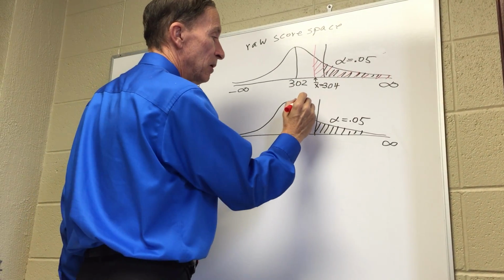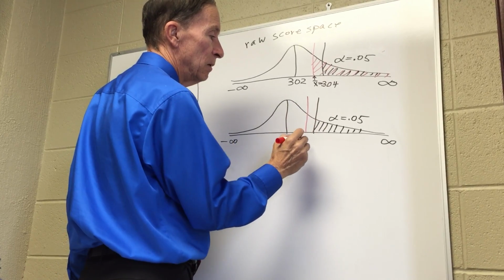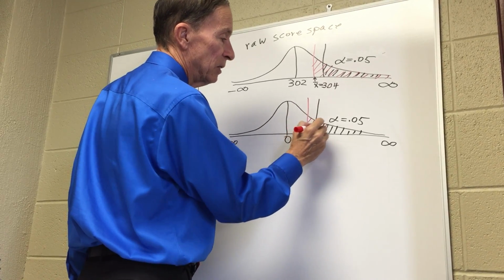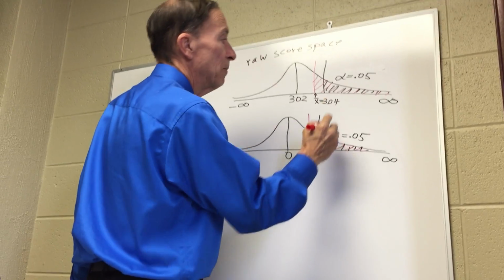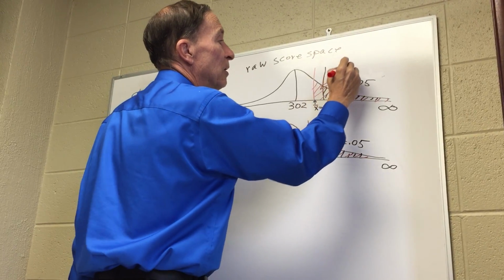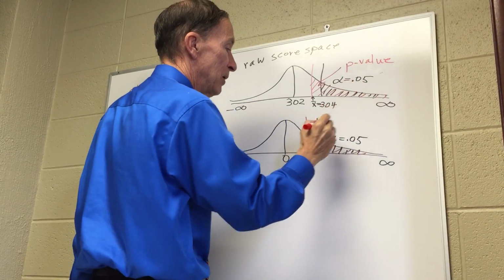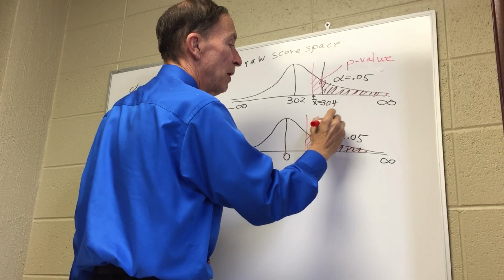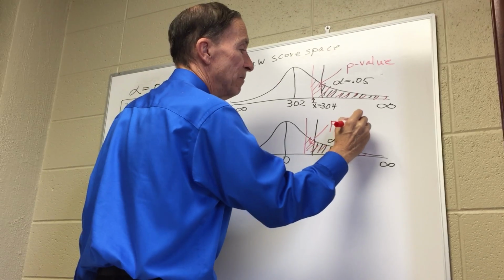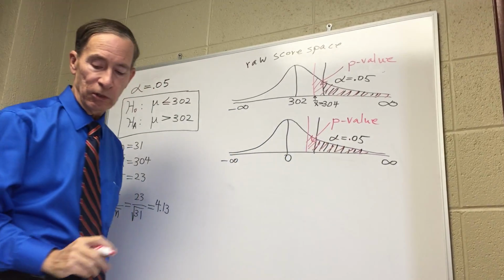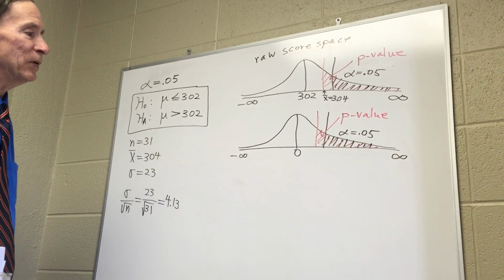So we'd have a similar cutoff value here, somewhere to the right. The p-value is this probability, the red probability. We want to compare the p-value with the alpha level of 0.05, so we want to find out what this p-value is.